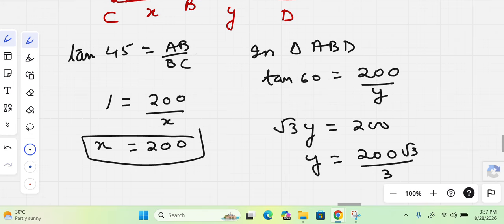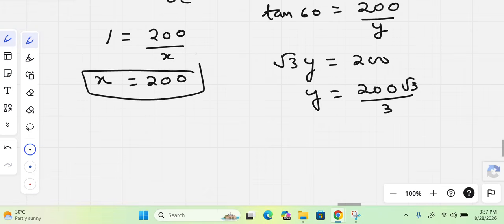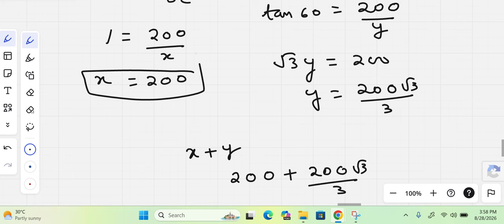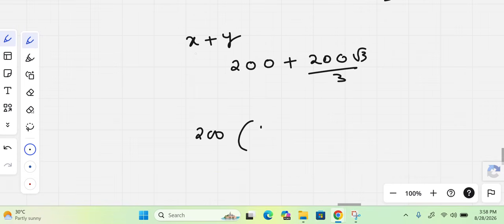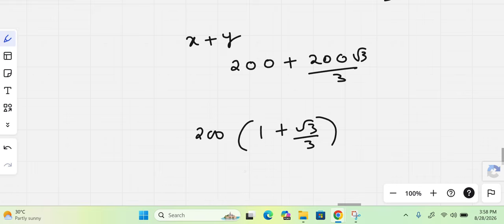Did you do this, kids? Did you get the same answer that I'm getting? X plus y is 200 plus 200 root 3 by 3. You can take 200 common: 1 plus root 3 by 3, which is 200 times 3 plus root 3 by 3.